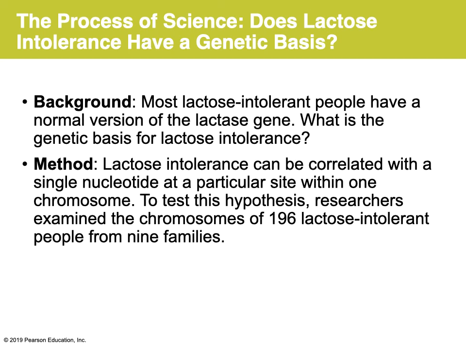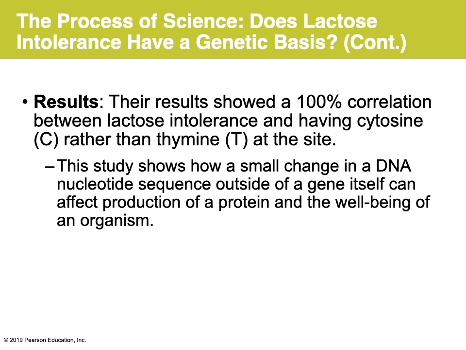So it's not just one family, there's multiple families to make sure that it isn't something specific to that one family. The cool thing is that the results showed 100% correlation between lactose intolerance and having cytosine versus thymine at this one particular spot on a chromosome.